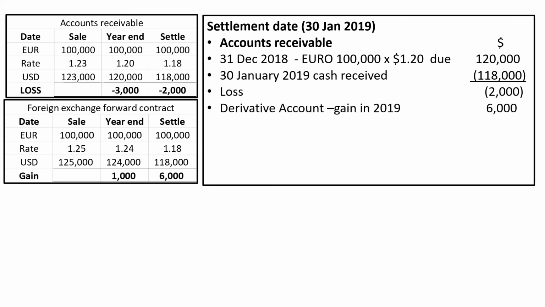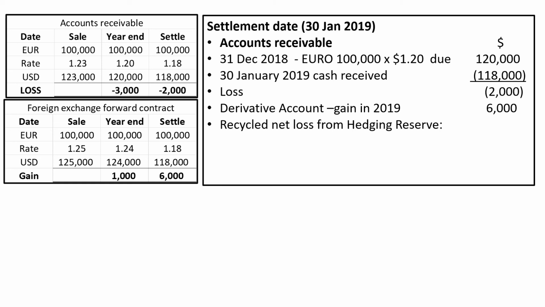Let's look now at the movements on the derivative account. We have a gain in 2019 of $6,000, and that represents the year-end exchange rate, which was 1.24, against the spot rate on the settlement date, which is 1.18, which gives us a gain of $6,000.